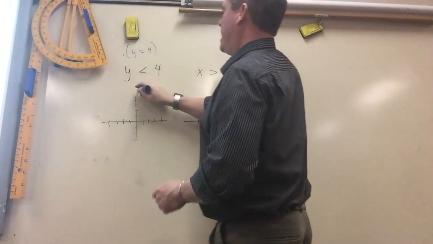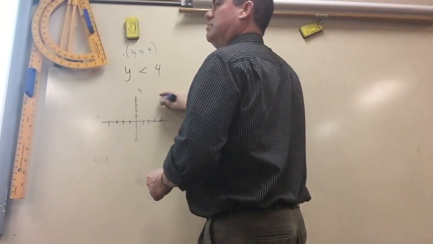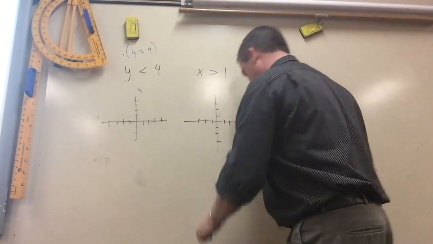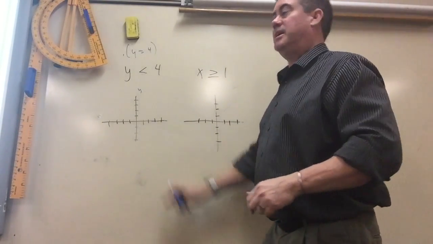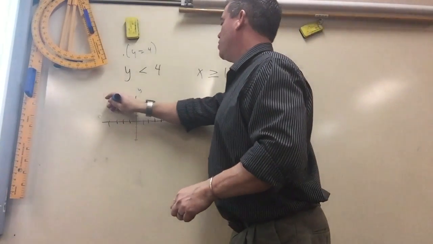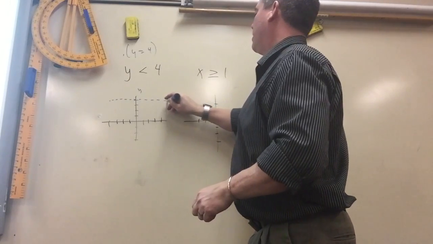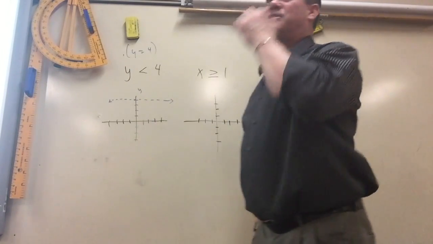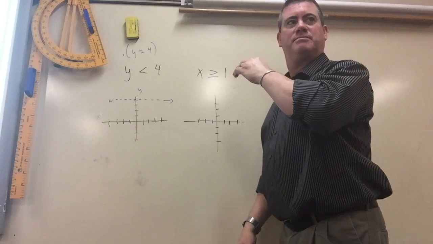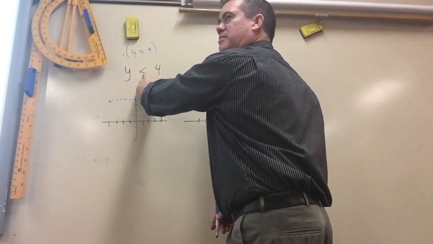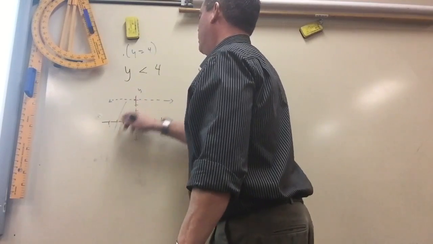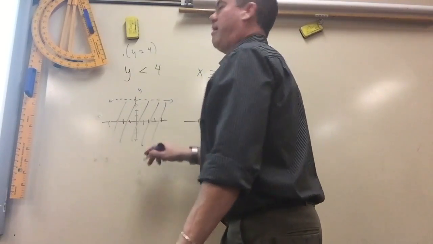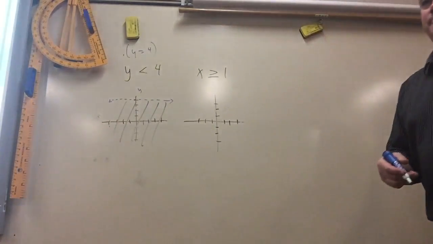You go to the y-axis and you put a line through it at 4. But the difference is now it's not a solid line, it is a dotted. So it's just a dotted line. And we got to shade one side or the other. Y is less than 4, so you got to do all the y's that are less than 4, which is everything below it. Okay?